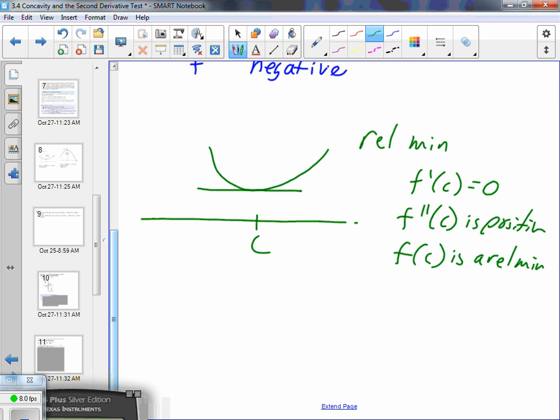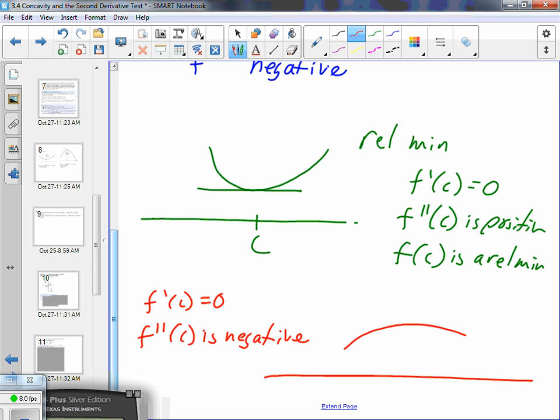Okay? Now, what happens if f prime of c equals 0, but f double prime of c is negative? If f double prime of c is negative, what's the concavity of that? Down. So it's doing that. And f prime of c equals 0, so there's your x-axis, there's c.